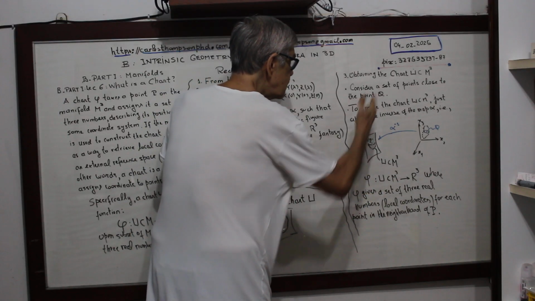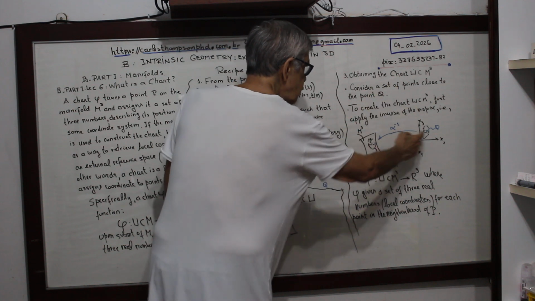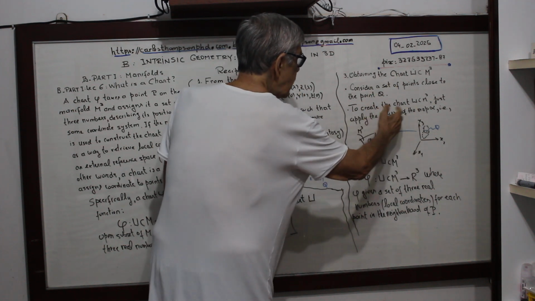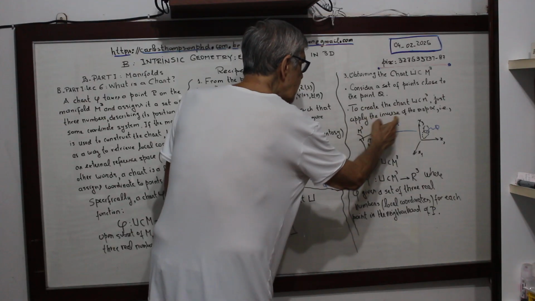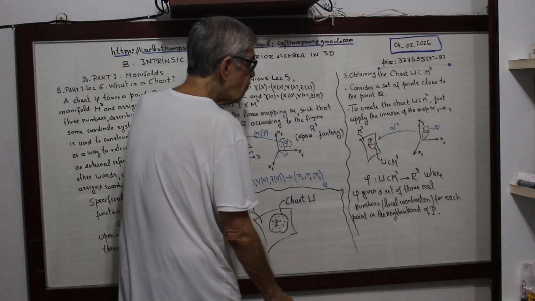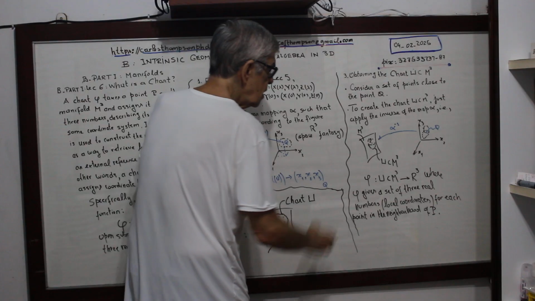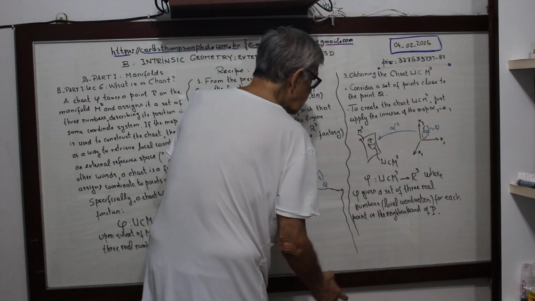Now, you consider a set of points close to point Q. To create a chart U, just apply the inverse, alpha minus 1. Then you bring them back, and this is the chart.